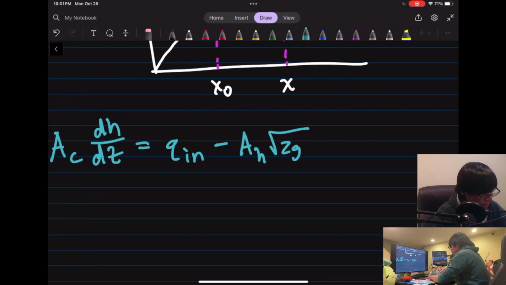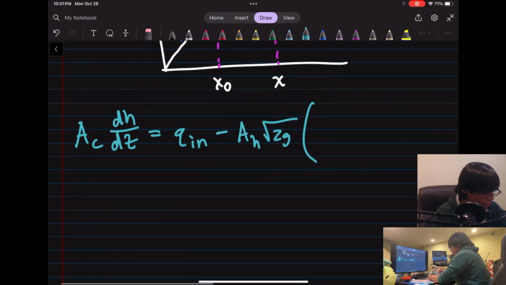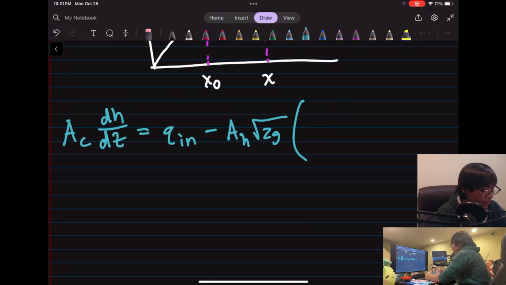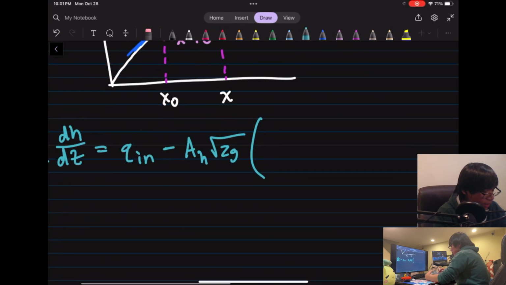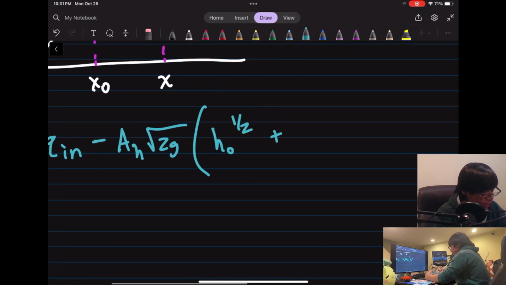And now we expand our root h function. We linearize that since it's a dependent variable. We're trying to get our expression in terms of, well, make it linear. So we did the Taylor series expansion, which was h at the point of expansion to 1/2 plus, and then we evaluate this.